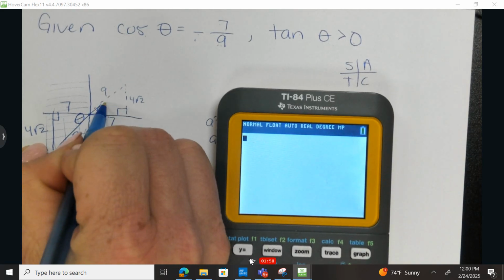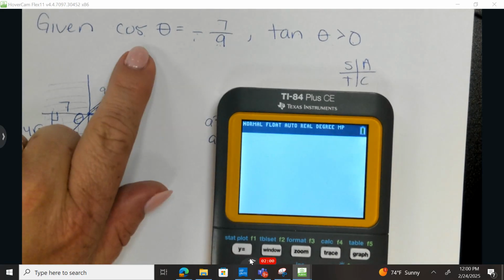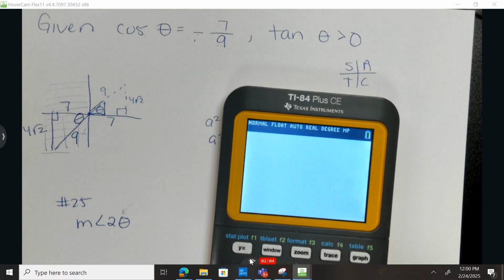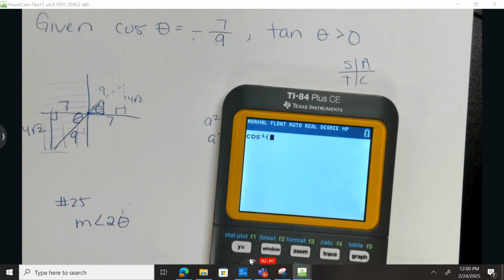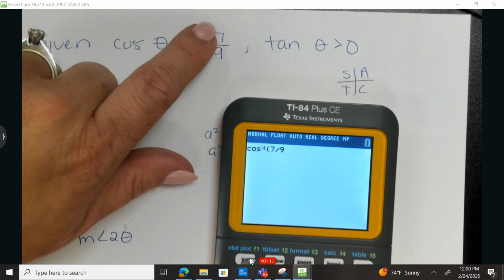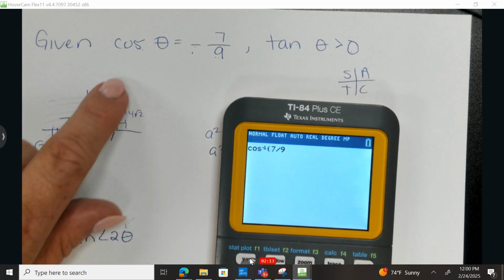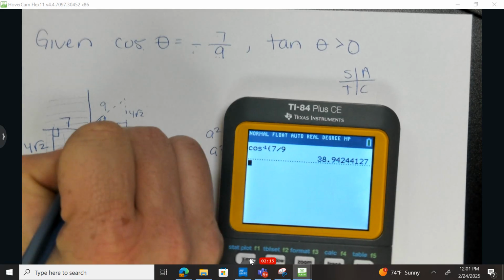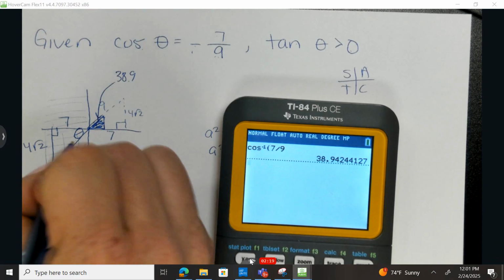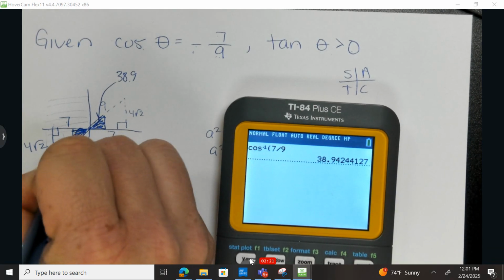So let's figure out this reference angle. I don't care which one we do, we can do cosine. So inverse cosine of 7 divided by 9. In this quadrant, it would be a positive 7 over 9 because the cosine is positive. Okay, so that means that this angle right here is 38.9 degrees. That means that this reference angle, 38.9, is also here.